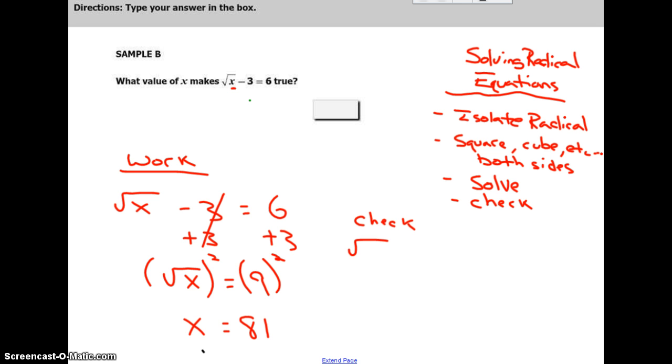We have the square root of x, but we're using 81, and then minus 3. Okay, go ahead and do that part on your calculator, and you get 6? You sure do. So it's safe to put our answer in the box as 81. Okay?